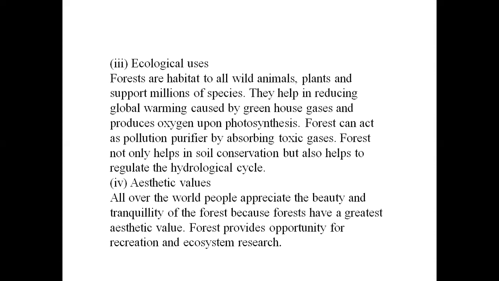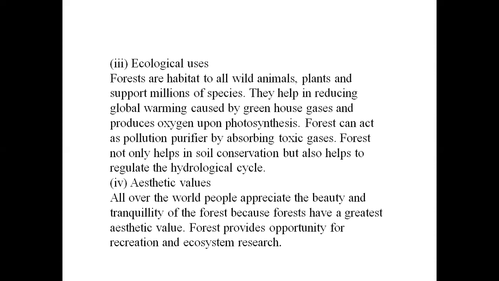They help in reducing global warming, which is caused by greenhouse gases, and produce oxygen upon photosynthesis. Forests can act as a pollution purifier by absorbing toxic gases. Forests not only help in soil conservation, but also have a greater contribution to regulating the hydrological cycle in nature.